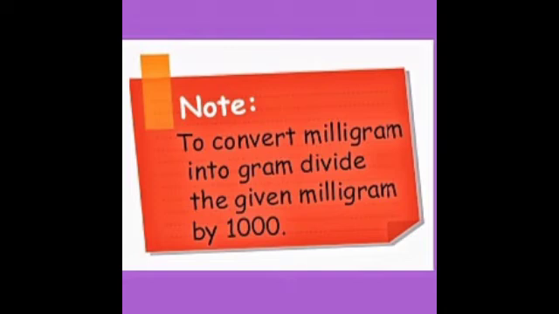To convert gram into kilogram, divide the gram by 1000, because gram is a smaller unit, kilogram is a bigger unit. So I'm going to divide the given gram by 1000. We want to remember these notes, so only we can do the sums.